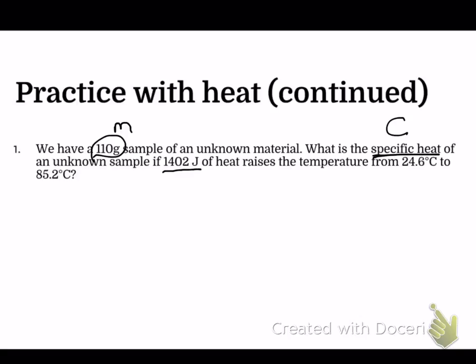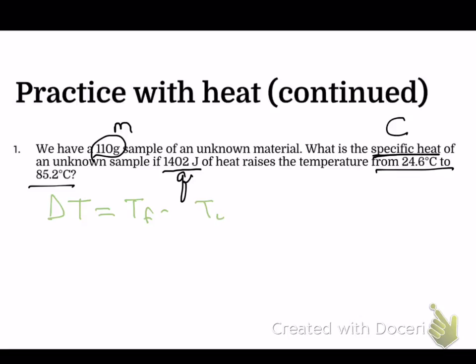If 1402 joules, so this is heat, that's Q, because it's got the unit joules. And it raises the temperature from 24.6 to 85.2. So that's not quite a delta T, but it will help us get there. Okay, so to find out the delta T, I take final minus initial.